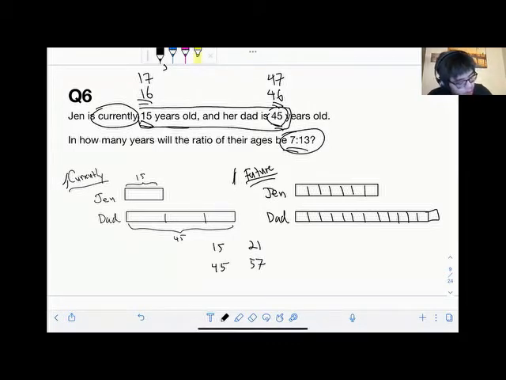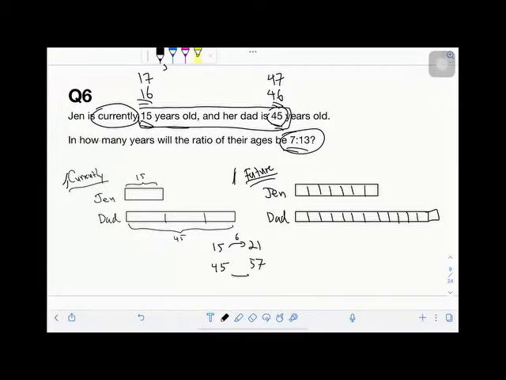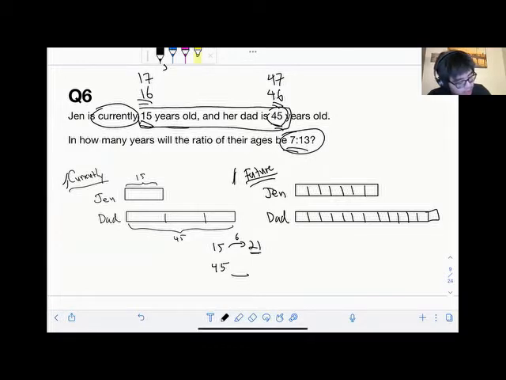Kung 21 at saka 57, ibig sabihin si Jen, nag 6 years lang po. 6 years. Pero kung ganun po, kung si Jen naging 21, ibig sabihin 6 years yung lumipas para sa kanya. Si Dad, syempre kailangang maging 51. At hindi naman po yung gusto natin.